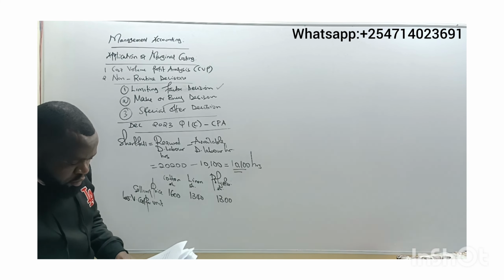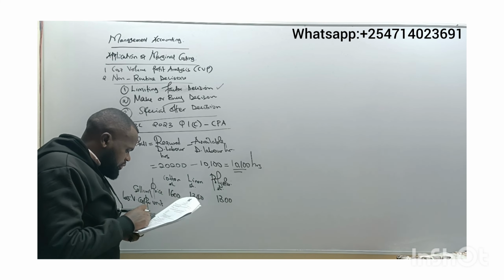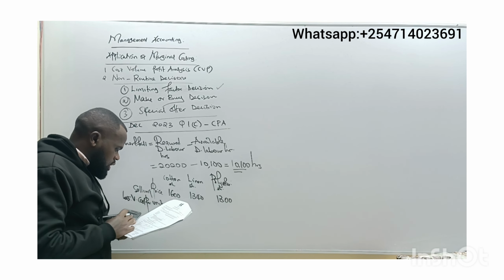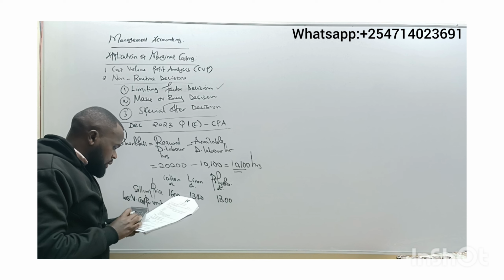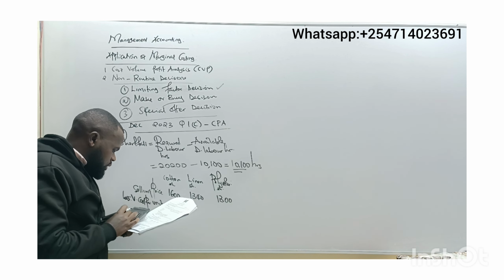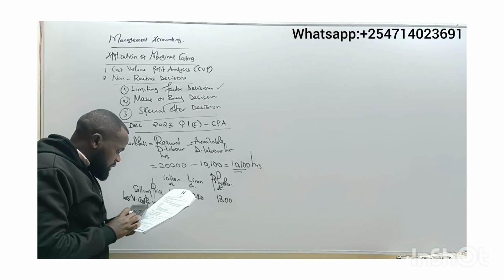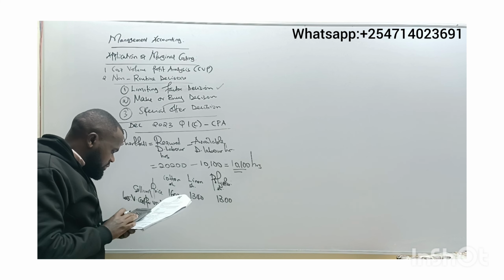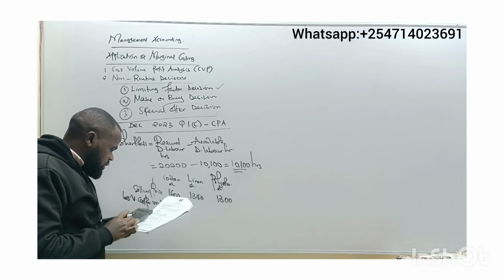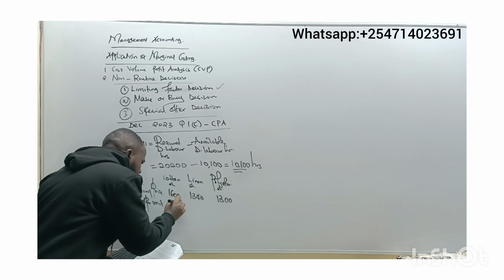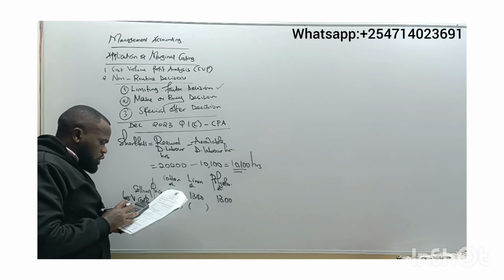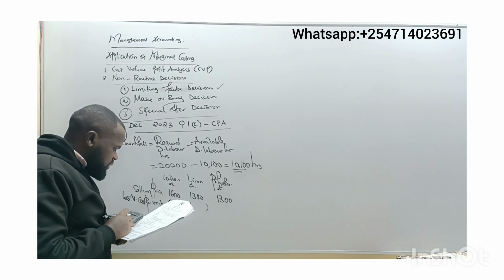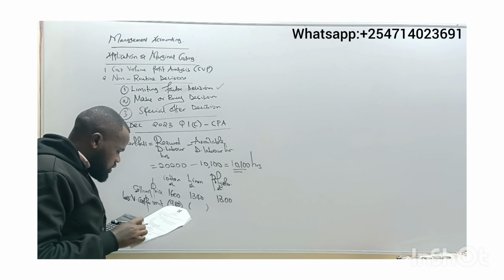For cotton, 350 for direct materials, plus direct labor 480, plus variable production overheads of 150. So I should be deducting 980 there, a combination of the three variable costs, because fixed cost should not be deducted.